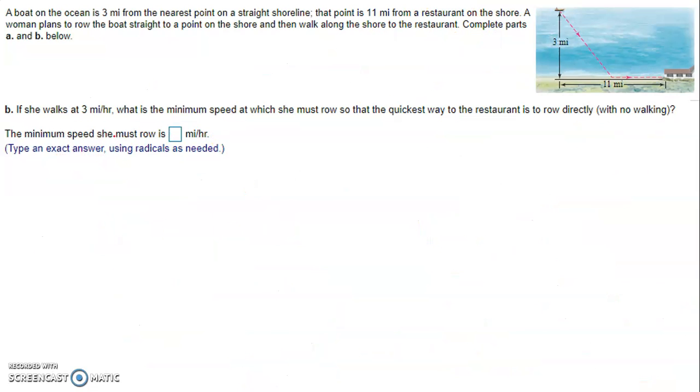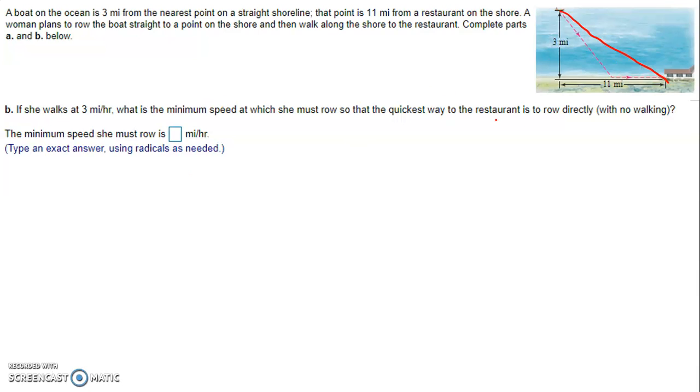So on this one, we're trying to minimize the speed at which you would row if this was going to be the fastest way. So if this minimized the time. So in a sense, we're still trying to minimize the time, but we have to figure out what the speed is in order to minimize it.